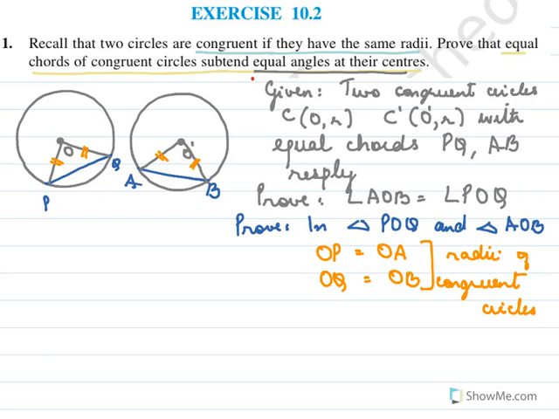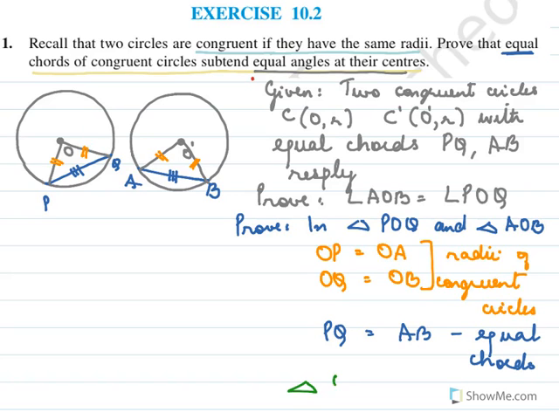And then we'll write PQ equal to AB. This PQ is equal to AB because it is given to us, equal chords. They are equal chords. So the triangles now are congruent.